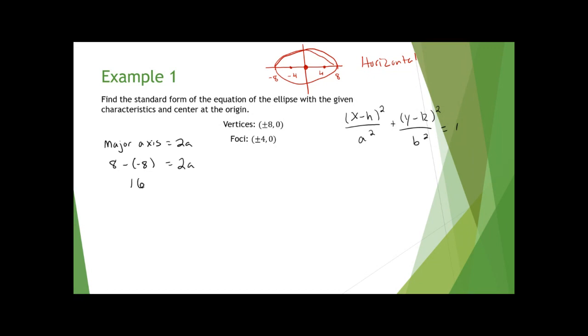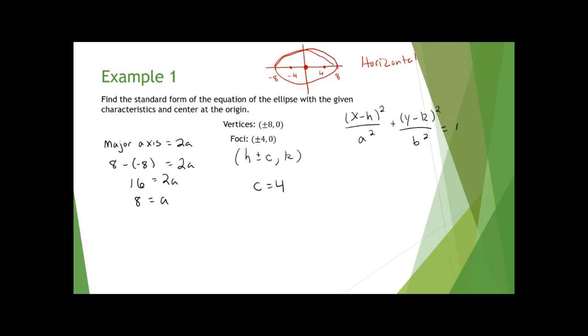So 16 is equal to 2a, which gives us a is equal to 8. Now we know what a is, and we need to figure out what c is. We can find that based off of the foci. The foci formula is h plus or minus c, comma, k. Since h is 0, that plus or minus must be equal to c. So c is equal to 4.